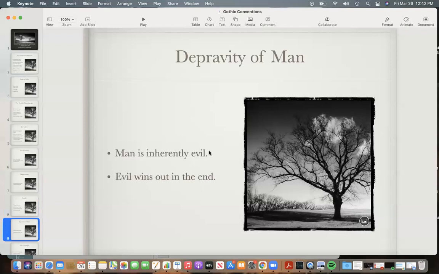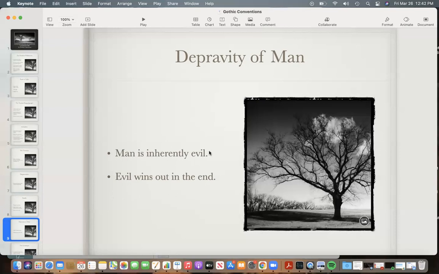The depravity of man, which means that man is inherently evil. And I think, if anything, maybe Frankenstein sort of argues against this, because when the monster first comes into being, he's not evil. He is brand new like a baby, and he wants to be loved. He wants to find companionship.